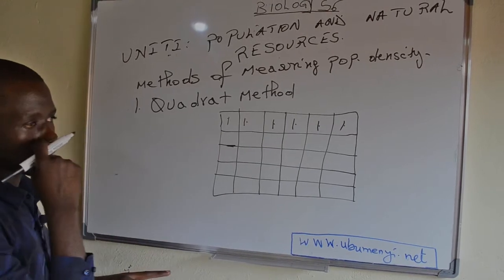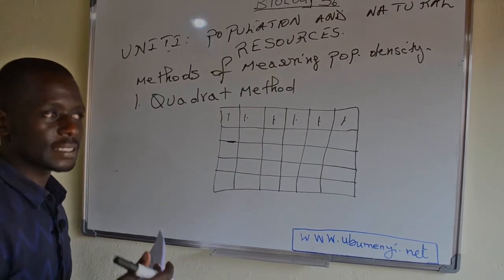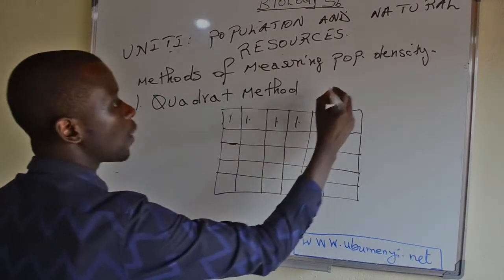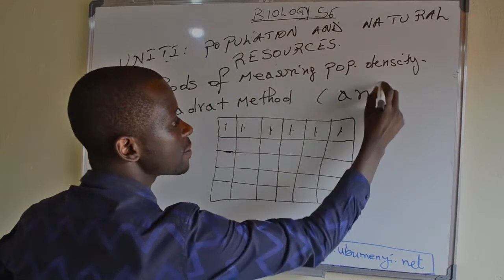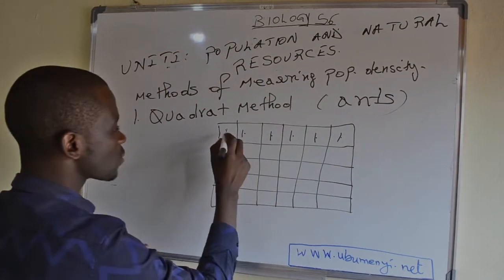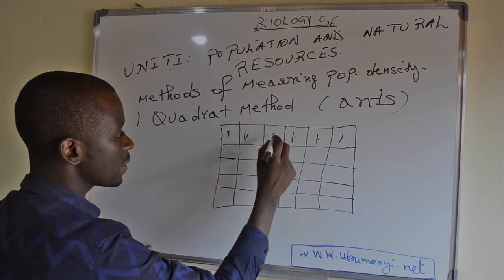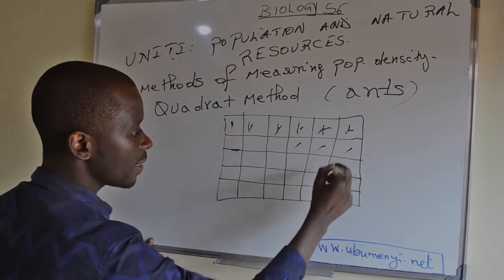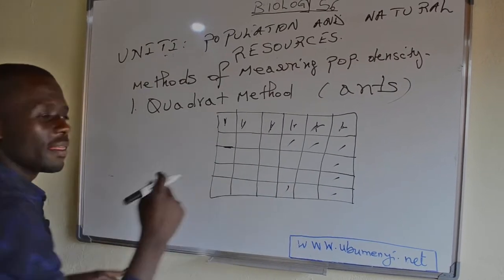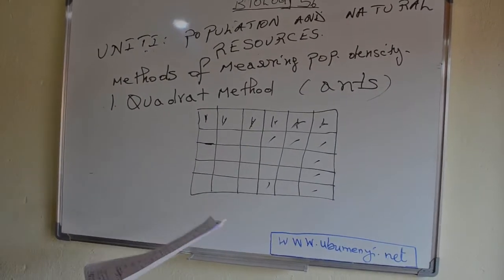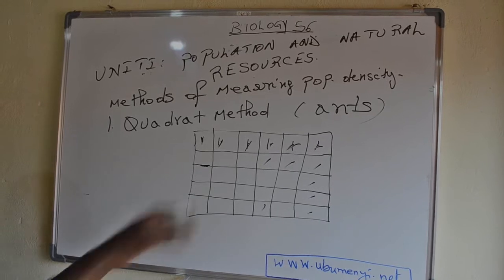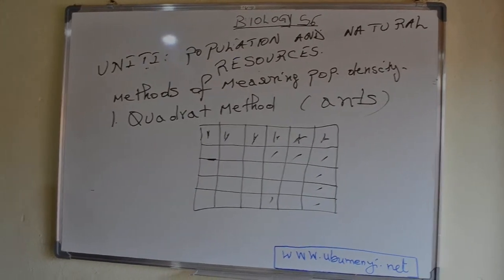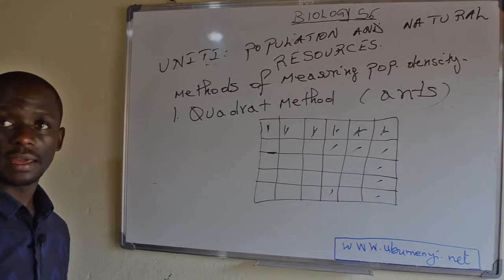For example, we are studying ants. In the first square there are ants, in the second, then for example here there are no ants, here they are, there. Then you say under my quadrat, 9 squares out of 30 I have seen ants under them, okay?